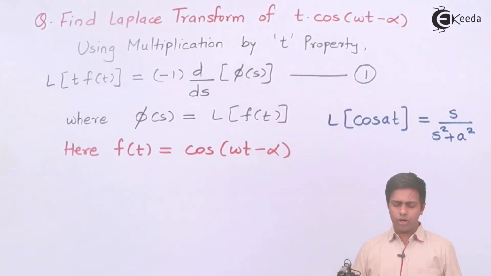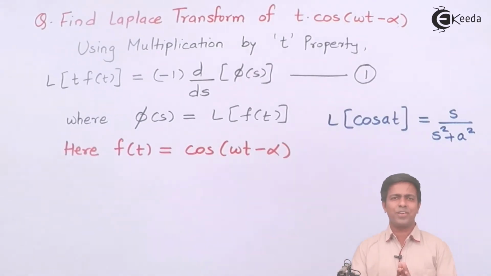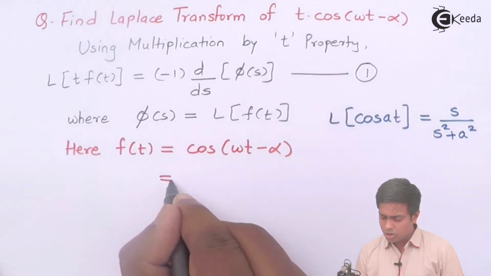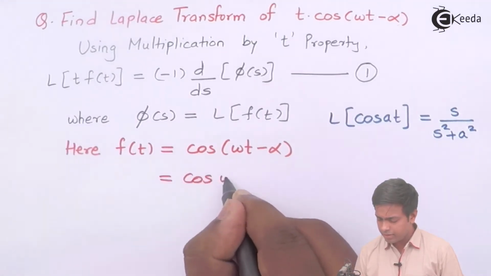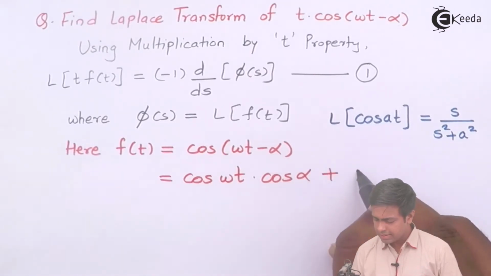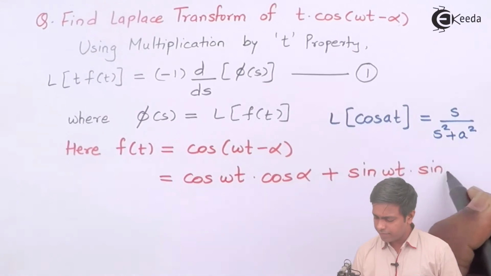For this, I'm going to apply the formula of cos of a minus b, because cos of a minus b is cos a into cos b plus sin a into sin b. So this will be cos of omega t into cos of alpha plus sine of omega t into sine of alpha.